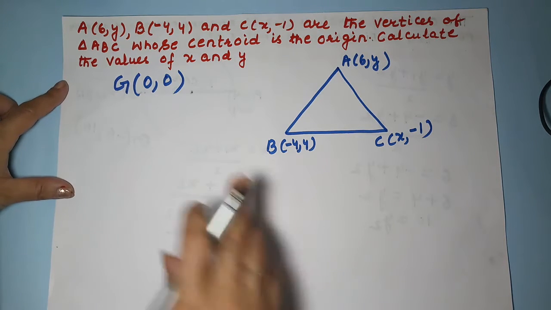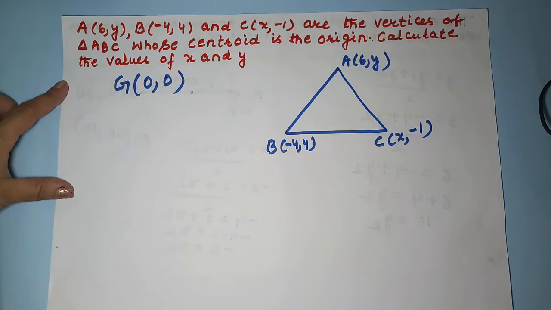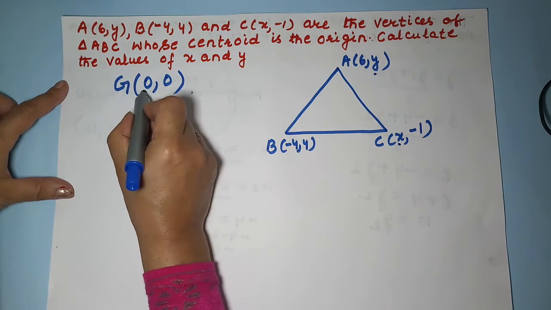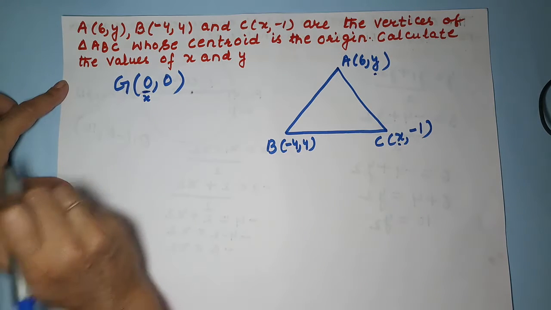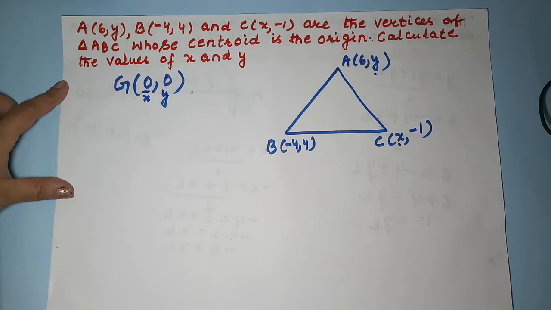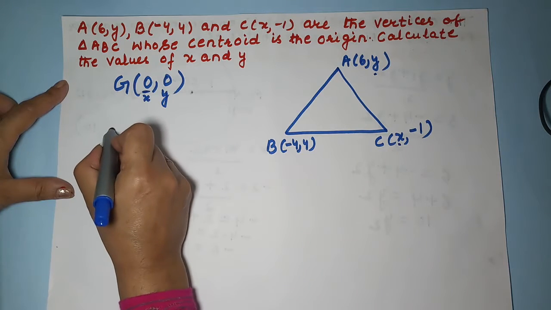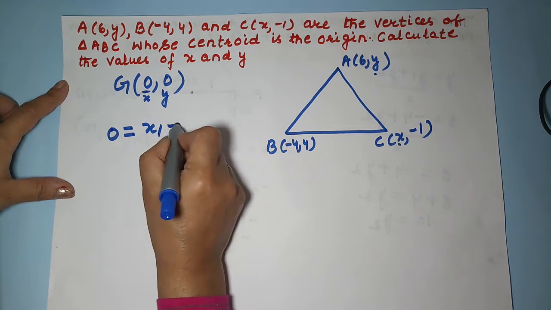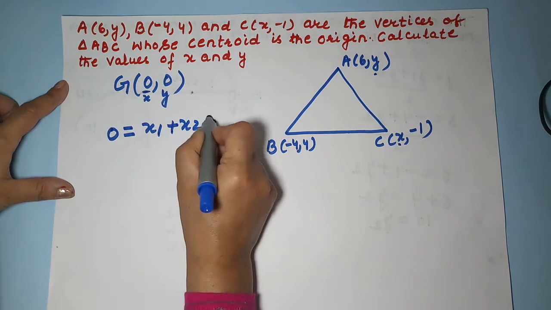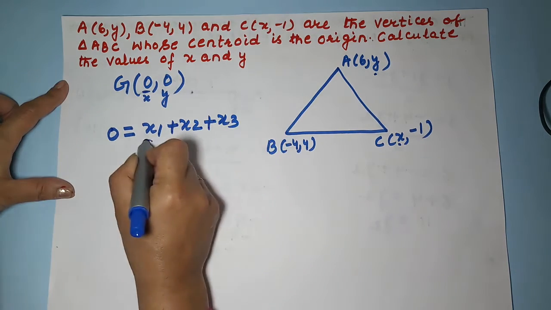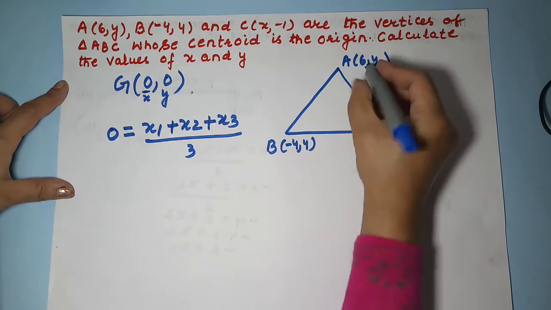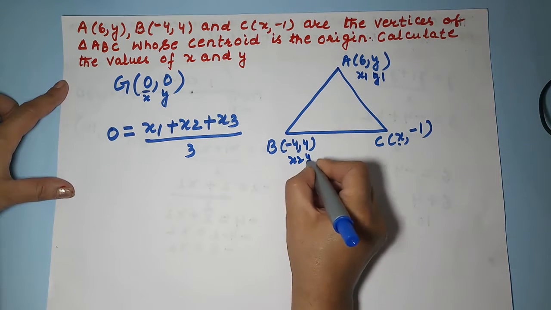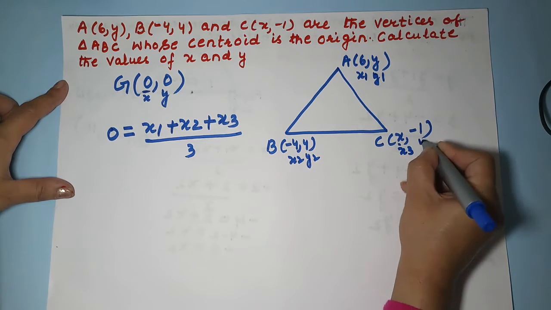Now, using the centroid, we have to calculate the values of X and Y. Now, we know that this is the X coordinate of the centroid and this is the Y coordinate of the centroid, and the X coordinate of the centroid is equal to (x1 + x2 + x3) divided by 3, right? So this is my x1, y1, this is my x2, y2 and this is my x3, y3.